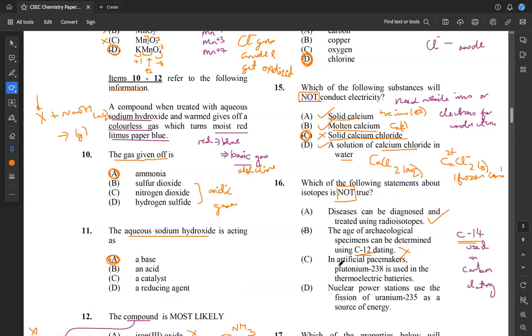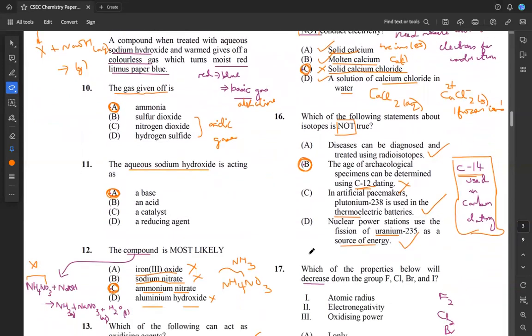So C says that in artificial pacemakers, plutonium-238 is used in thermoelectric batteries, and we know that this is true, right? And then for D, nuclear power stations use the fission of uranium-235 as a source of energy. We know that to be true, right? So again, what's not true here is this statement in B, which is saying that we're using carbon-12 for dating. We are not. We're using carbon-14, okay? This is what we use for dating to find out the age of fossils, okay? So B is our answer for 16.